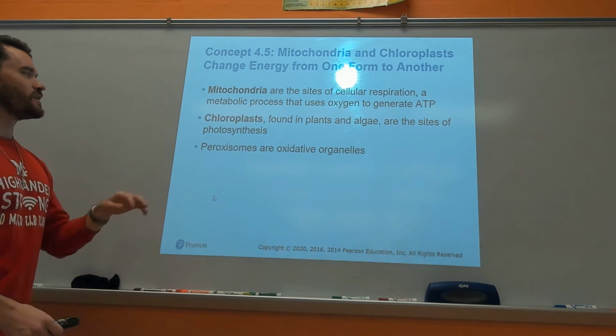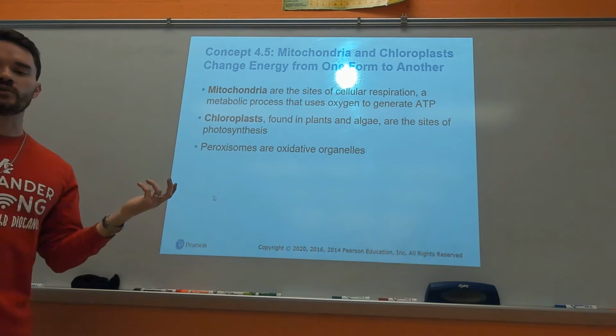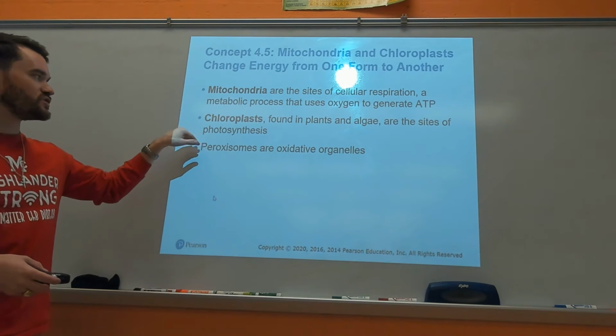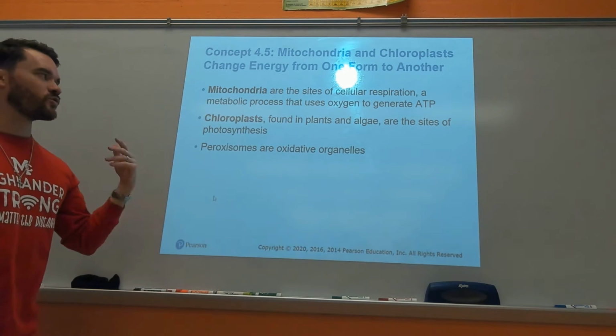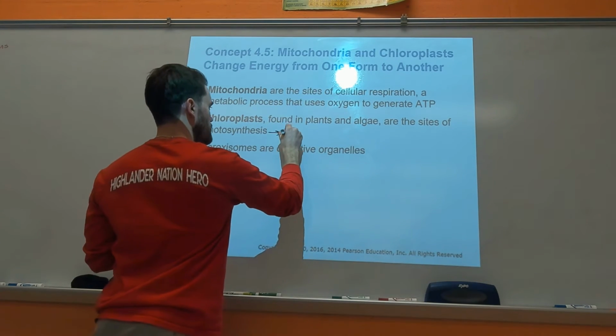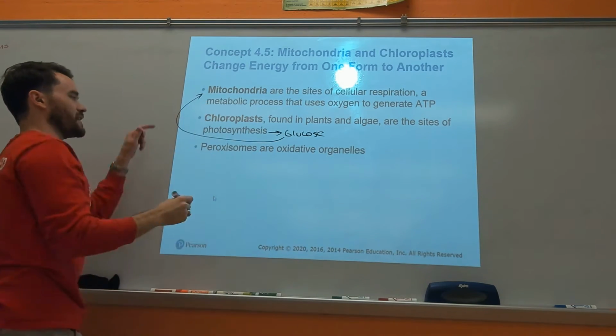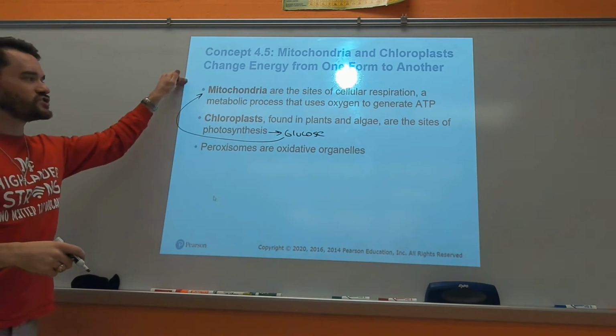Anyways, then you have photosynthesis, so plants and some algae are able to do photosynthesis. So photo, it's using light to synthesize or make glucose. So glucose then gets put into the mitochondria, if you're in a plant cell, to do cellular respiration.